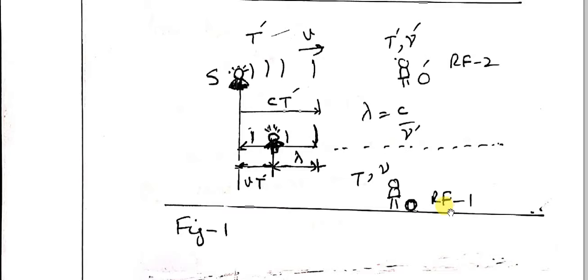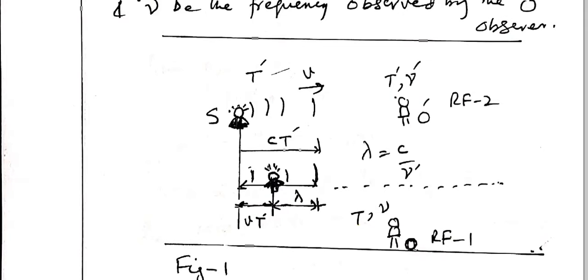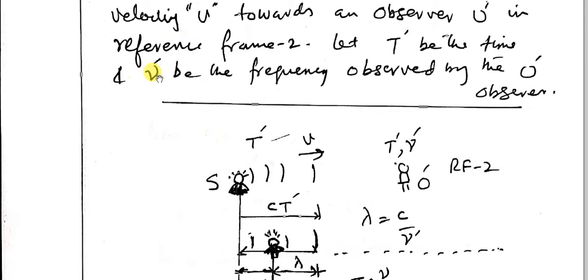The reference frame 1 observer will observe the time as t and the frequency as nu, and the distance traveled by the source will be v times t. So let t prime be the time and nu prime be the frequency observed by the O prime observer.